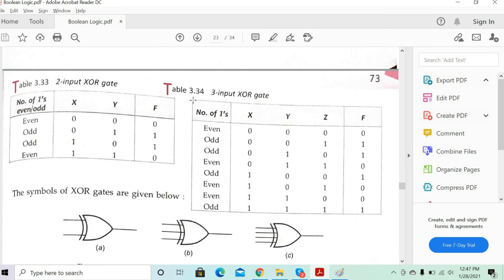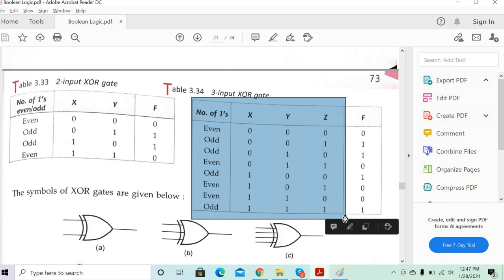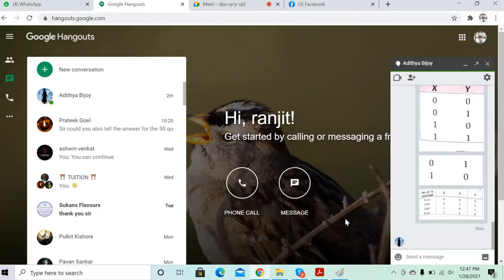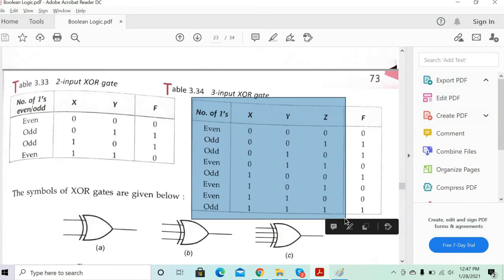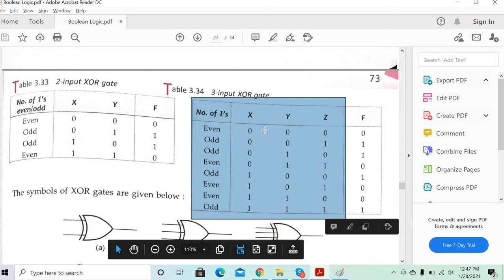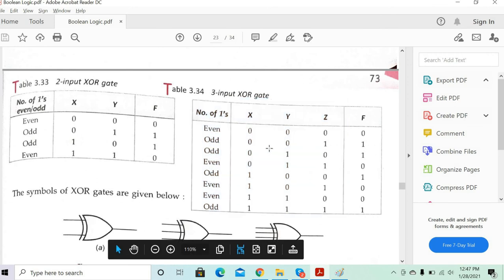Just look at table 3.34 to understand properly. You can easily find the output there. Concentrate only on X, Y, Z, and count the number of ones in each row. Is it even or odd? When no ones are there, that is even. When only one 1 is in the entire row, that's odd, right?